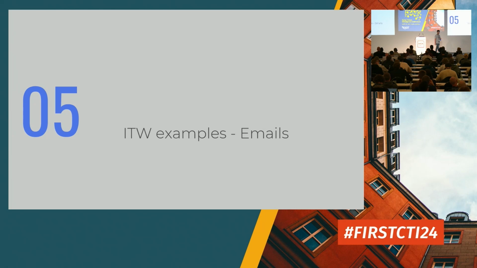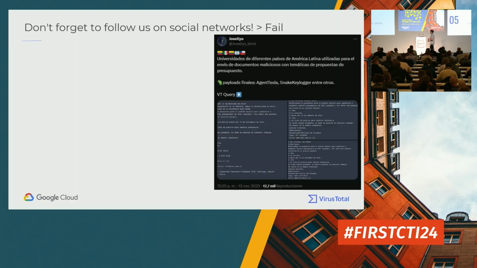And the last part that we wanted to track as well was the emails. So in November of last year, sorry for the Spanish because it was a campaign targeting Latin countries, there was a campaign targeting, as I said, Argentina, Colombia, Ecuador, Chile, where the threat actors were distributing Agent Tesla, Snake Keylogger, another kind of malware.